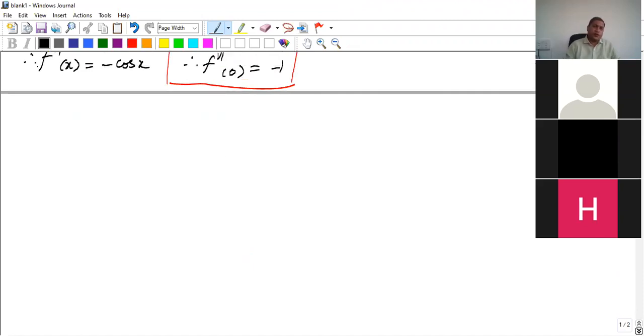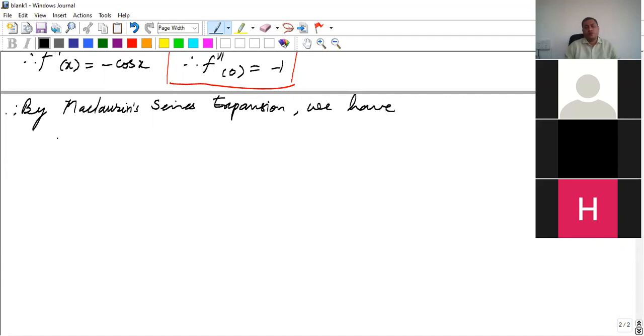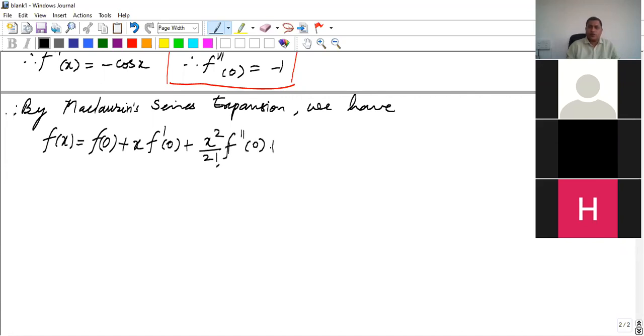Always write the formula so that there are fewer chances you will go wrong. So f of x is equal to f at 0, plus x f dash at 0, plus x square by 2 factorial f double dash at 0, plus x cube by 3 factorial f triple dash at 0.